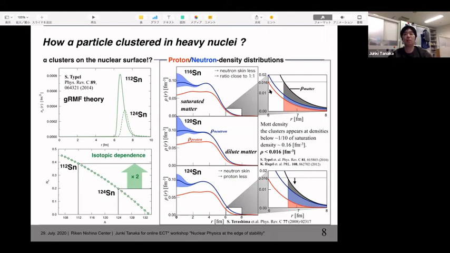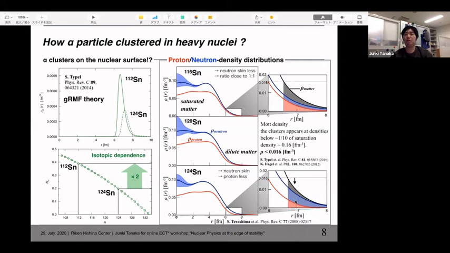Please compare 116 and 124 in this zoomed region. In the case of 116, below this density, comparable numbers of protons and neutrons are there. While in 124, since a neutron skin is developed, protons are much fewer than neutrons. Because of this unbalanced proton to neutron ratio, the probability to make an alpha particle becomes less.